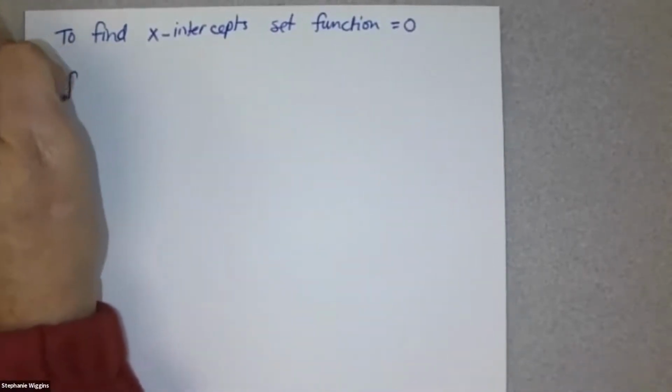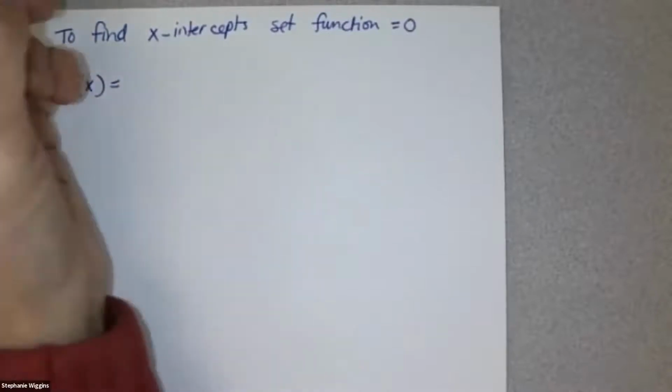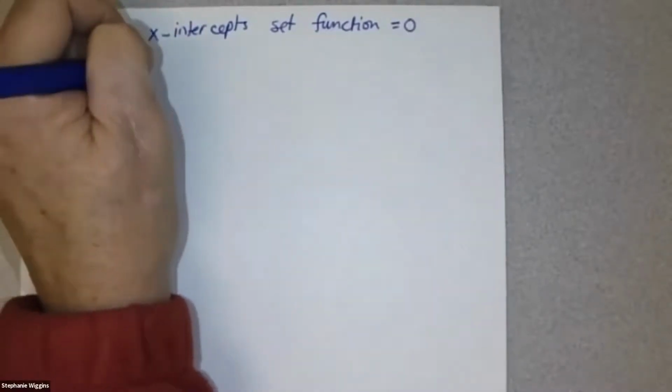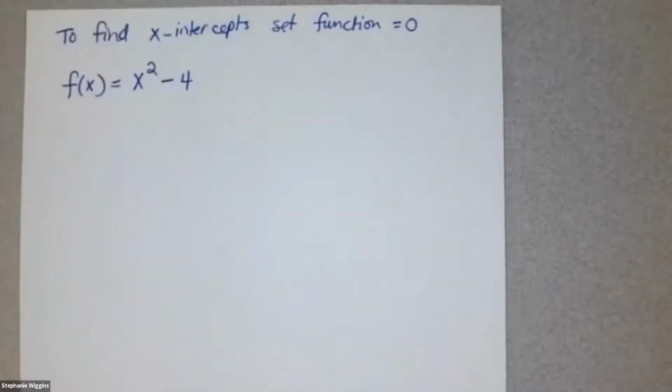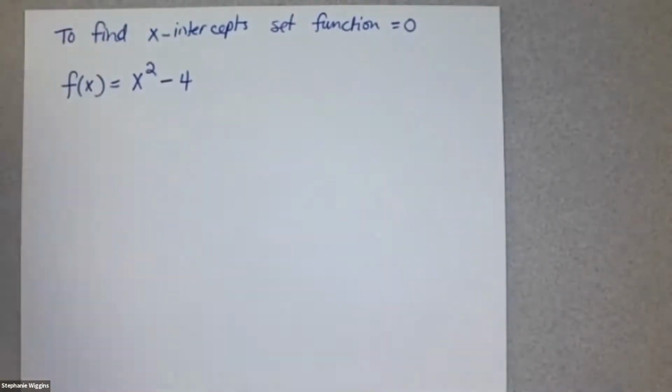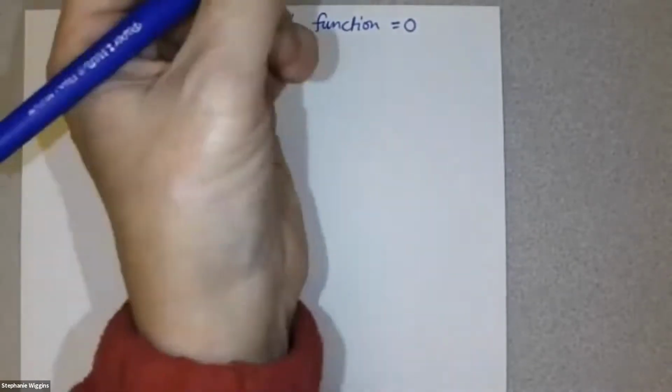So if you have a polynomial, let's say f of x equals x squared minus 4, to find the x-intercepts, you set your function equal to 0, and then you solve for x.